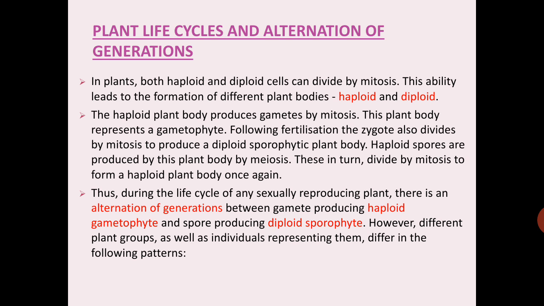Thus, during the life cycle of any sexually reproducing plant, there is an alternation of generations between the gamete producing haploid gametophyte and the spore producing diploid sporophyte. However, different plant groups differ in their patterns.